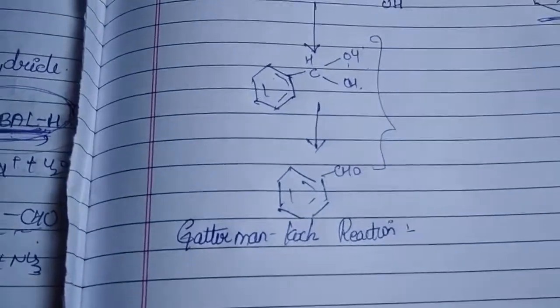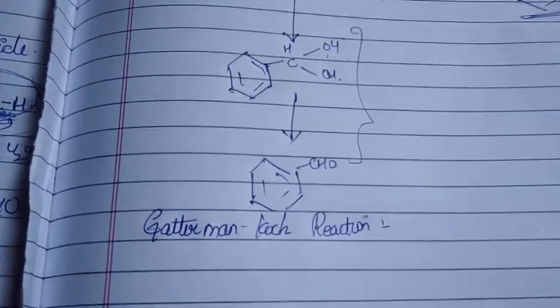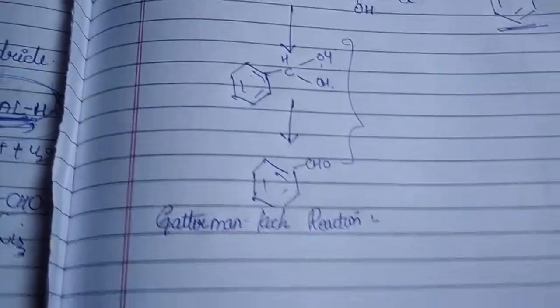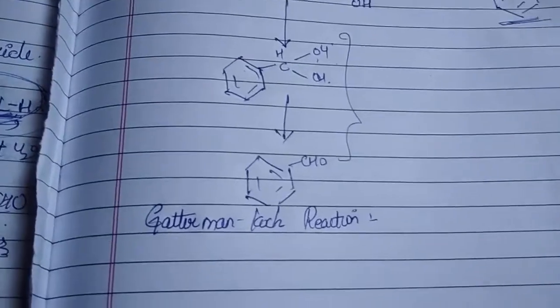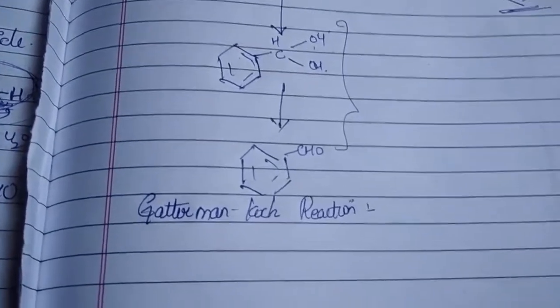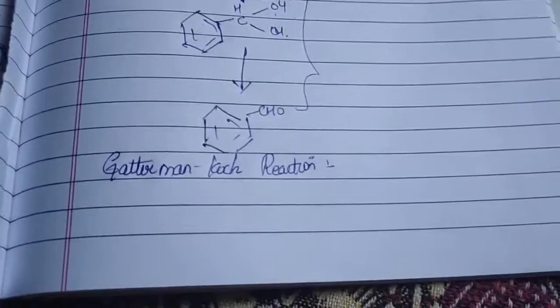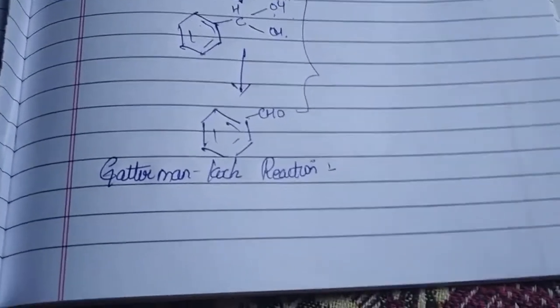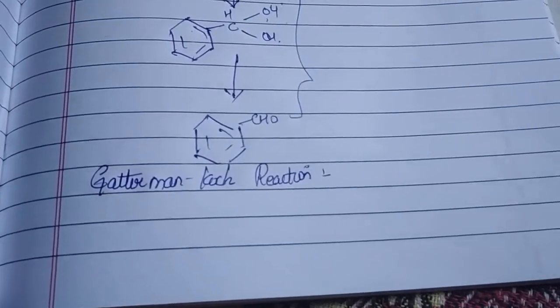But in your syllabus, they have given a reaction involving benzene. Generally, I'm talking about the Gatterman-Koch reaction, remember. In this reaction, we convert benzene or its derivatives to the respective benzaldehyde by treating with carbon monoxide and hydrogen chloride in the presence of anhydrous aluminium chloride.